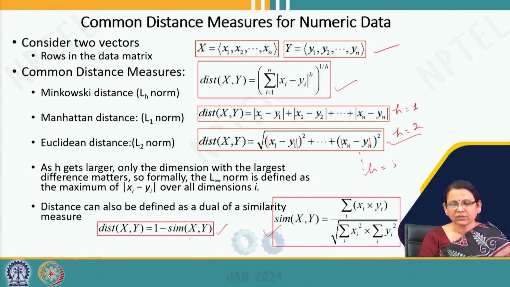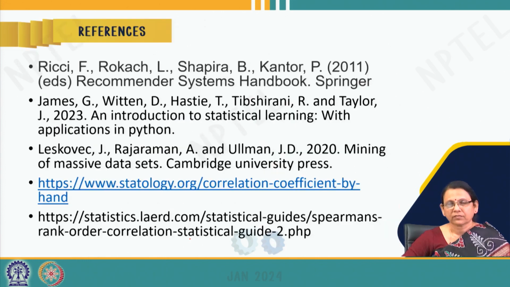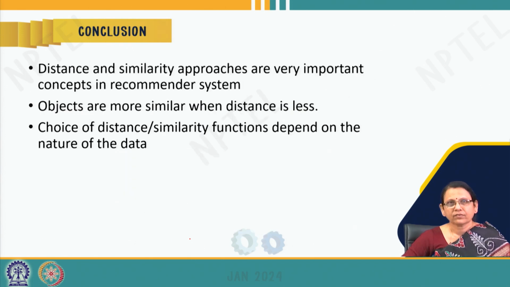Now, with this we wind up this lecture. These are some of the references, and let us try to find the concluding remarks on this lecture. So, we understood that distance and similarity approaches are very important concepts in recommender systems.